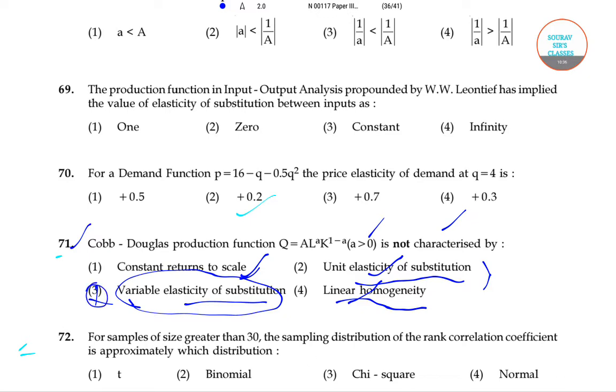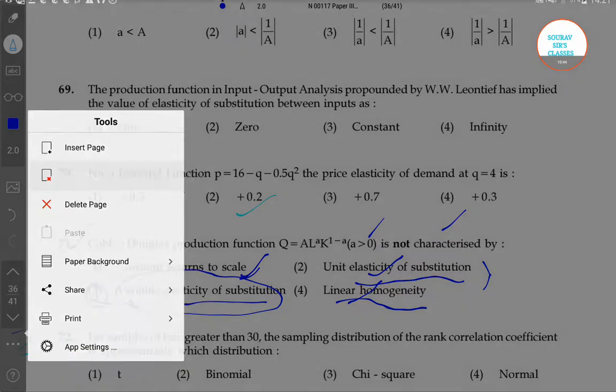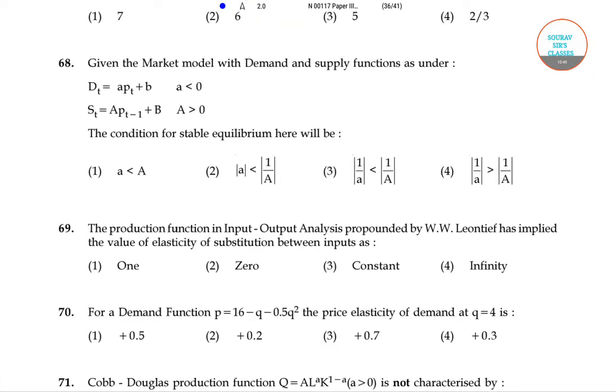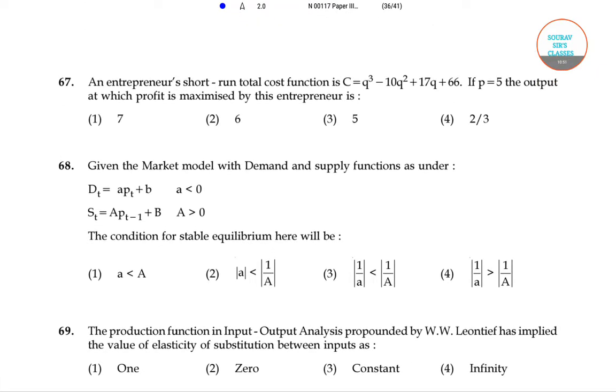So in today's video we solved a couple of questions. Now I'll simply revise through all the questions I've done in this video. For this I'll clear the page. Now I'll go to question number 67. In question number 67 we had to equate marginal cost, by differentiating it with quantity, with price, and we got it to be equal to 6.